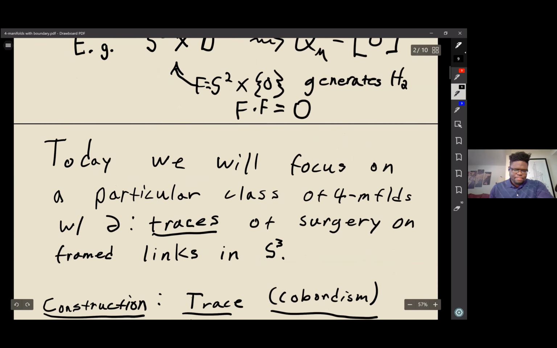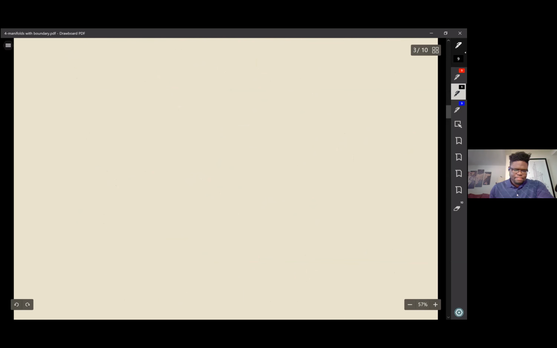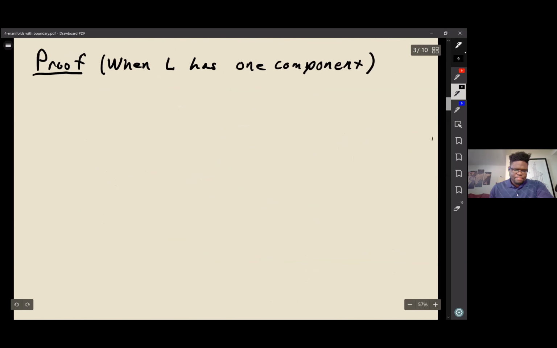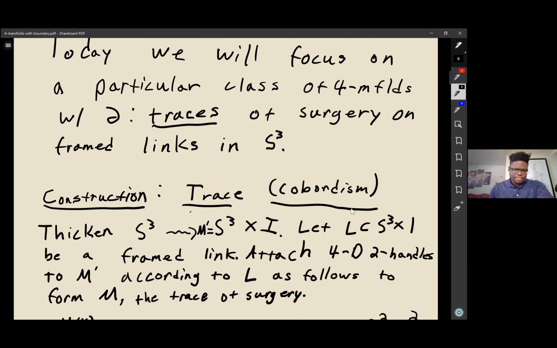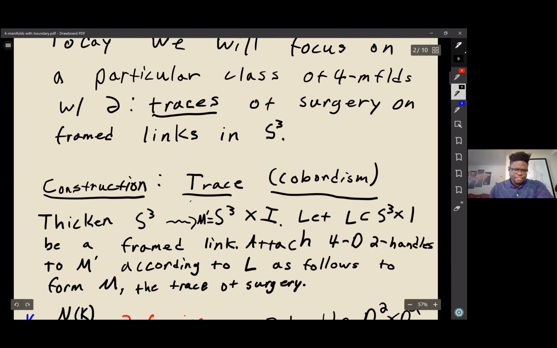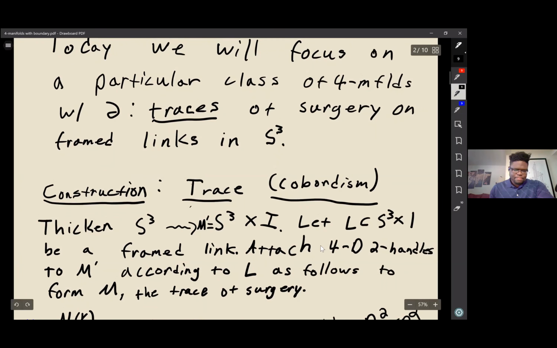So today we'll focus on a particular kind of four-manifold with boundary, something that we call the trace of a surgery on a framed link in S3. So here's how the construction goes. We're supposing that we have a framed link in S3, call it L. So we'll thicken S3.